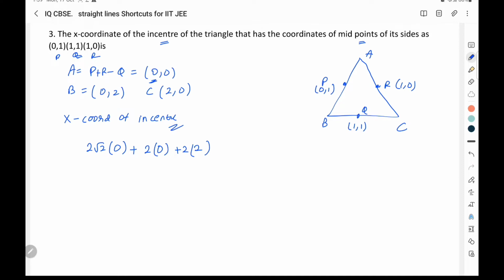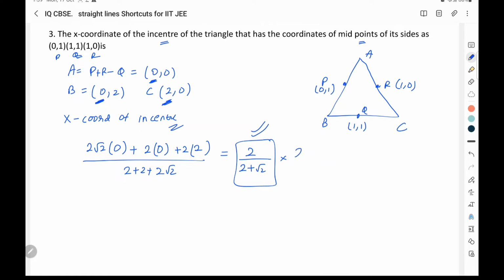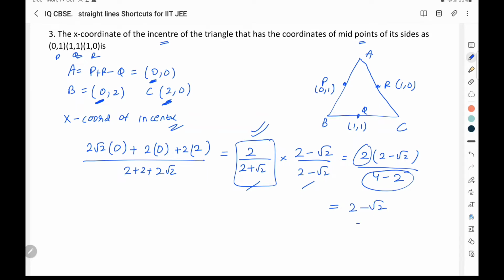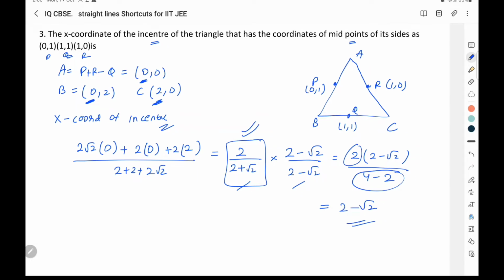Here I am using this one and this one, since it is asked only for x, divided by 2 plus 2 plus 2 root 2. That is nothing but 2 by (2 plus root 2). In the answer, if this is given, we can leave it like that. Otherwise, we have to rationalize: multiply by (2 minus root 2) over (2 minus root 2). That is 2 into (2 minus root 2) by (a plus b)(a minus b), that is a square minus b square. So here this one and this one get cancelled and I will get 2 minus root 2. Okay. Next.